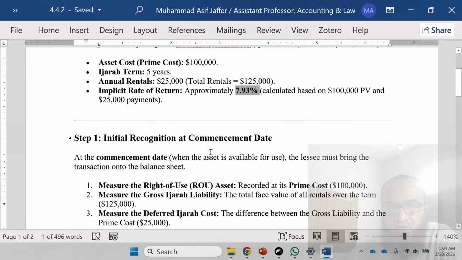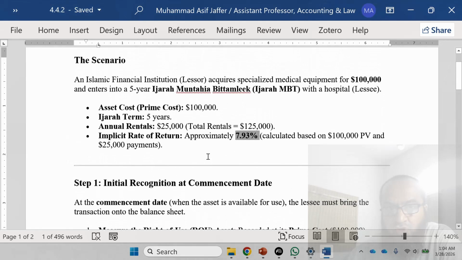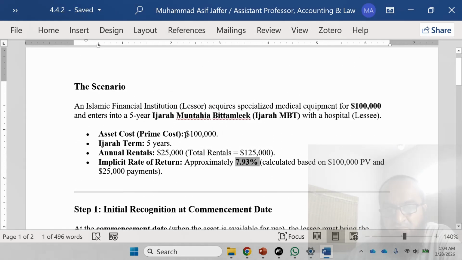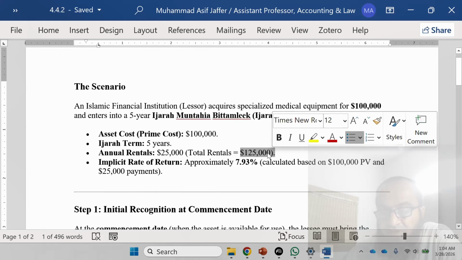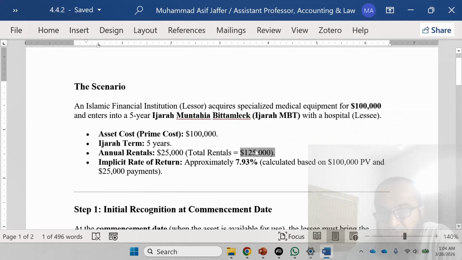The requirement for recognition of the right of use asset was cost plus direct cost, or the cost of the asset plus direct cost. There is no direct cost involved over here. Had there been some direct cost, we could have added it to this $100,000. If this $100,000 is not there, then what would we have done? We would have taken this $125,000 as the basis and done reverse engineering to work out the cost of the asset.